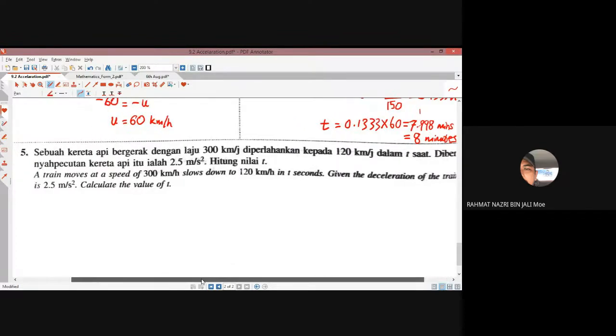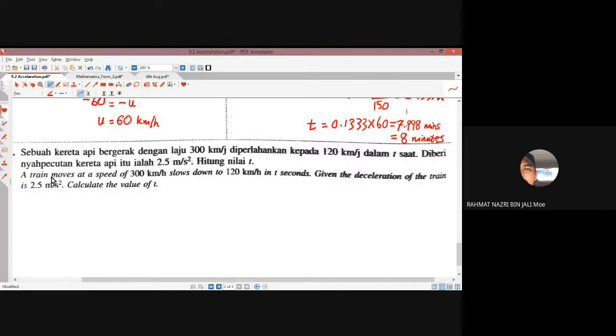Okay, kita buat sama-sama. A train moves at a speed 300 km per hour. Slows down. So this train decelerate. This one is the initial, and 120 is the final. 20 seconds.